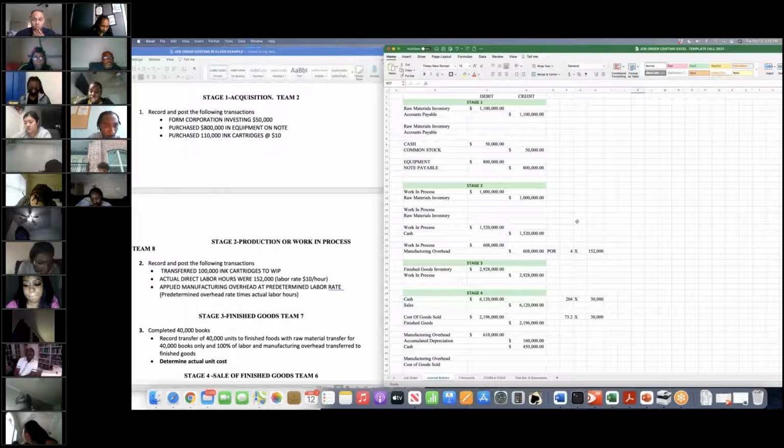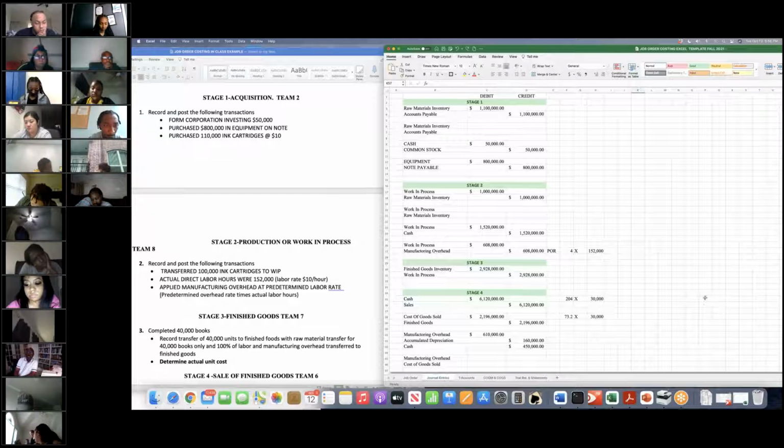So you need to have that 4 correct. That's what we do with the 4. We use it in stage 2 to estimate the manufacturing overhead that is going to be incurred. Are there any questions on stage 2 journal entries?